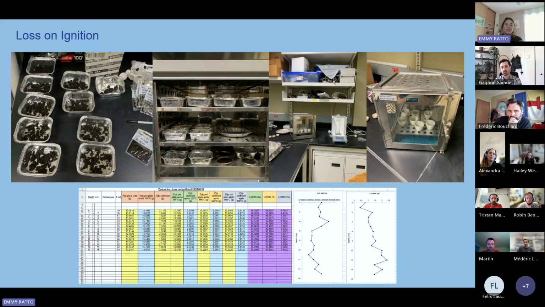After analyzing all the sediments, we could draw the graph, which shows the sediments are very rich, with more than 19% organic matter. It means the lake formed recently in a peat-rich environment.